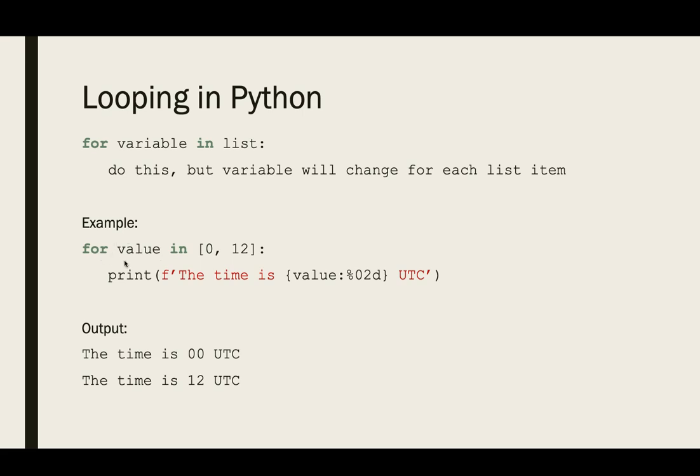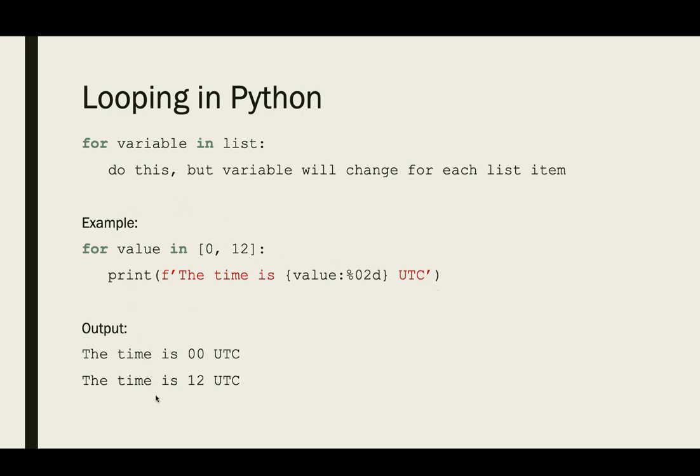For, and then our variable name is called value, in our list that has exactly 2 items, 0 and 12. The only thing we're going to do is print using an f-string: the time is, and we're going to take our variable value and print it out using a format of padded 0 to the front, 2 digits long, UTC.